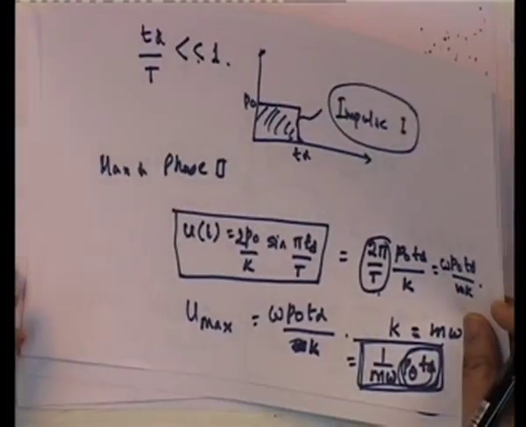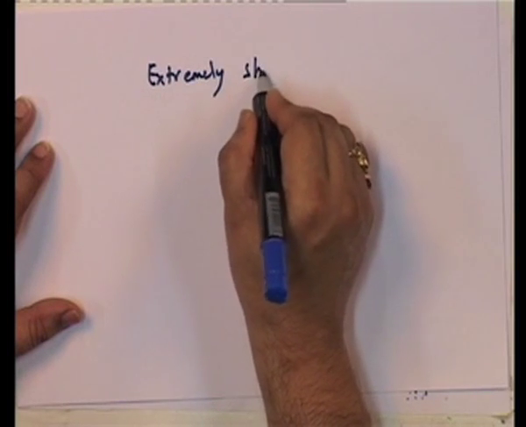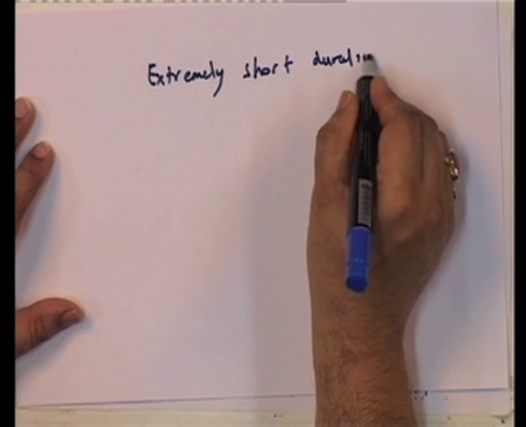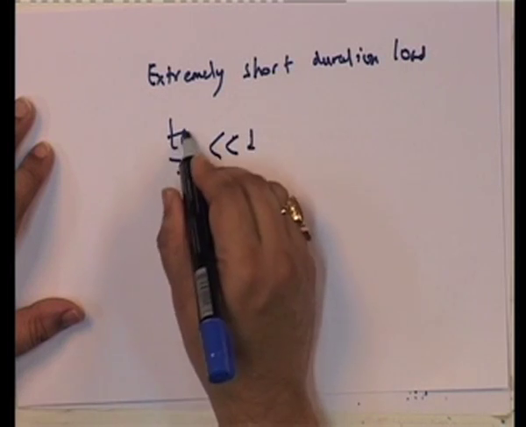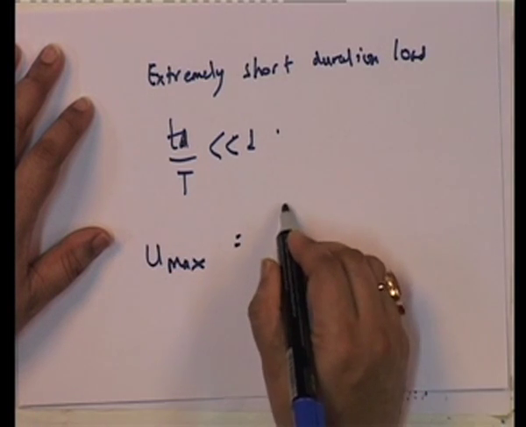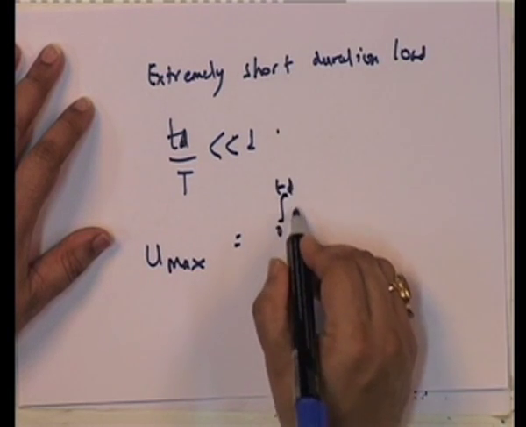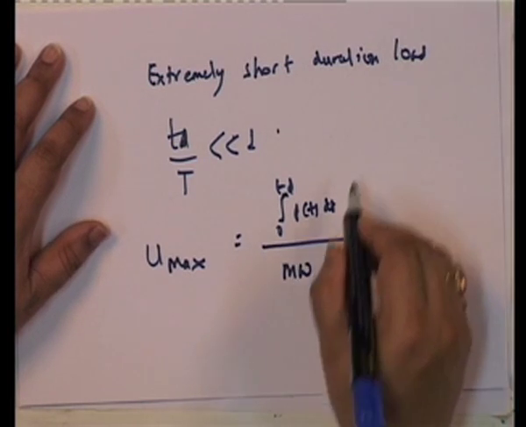So, the question then becomes the following: if the load is of extremely short duration, where T d by T is very much less than 1, then u max is equal to the integral 0 to T d of P t, the area under the curve, upon m omega.